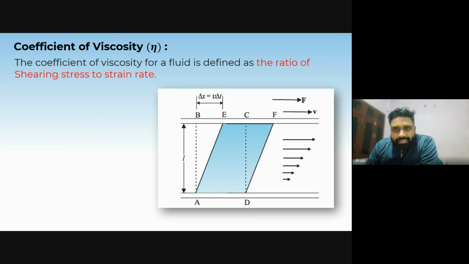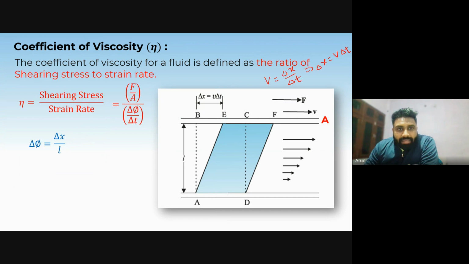Let's say in delta t time, the liquid has displaced v into delta t, because the velocity v is delta x upon delta t. So delta x should be v into delta t. Got it? This is not rocket science. Now, eta is nothing but shearing stress to the strain rate.